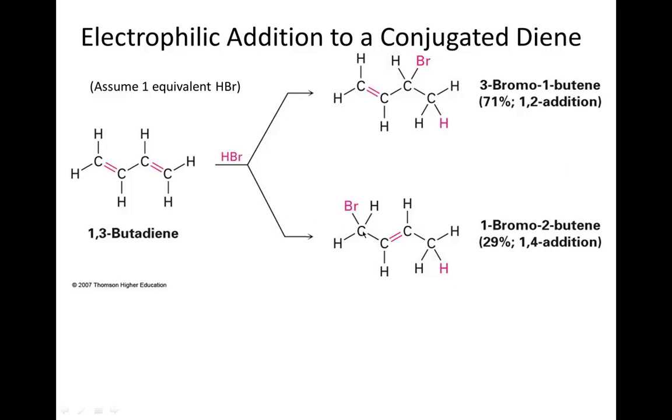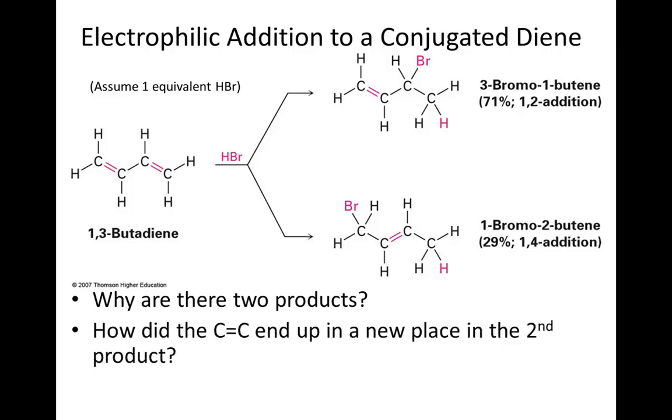The hydrogen and the bromine are 4 atoms apart on this chain. And again, it could refer to the carbon numbers, but it really doesn't have to. So we want to know, why are there 2 products, and how did we get this bromine on the other end, and more importantly, how did the double bond get in the middle? That's not where it was initially.